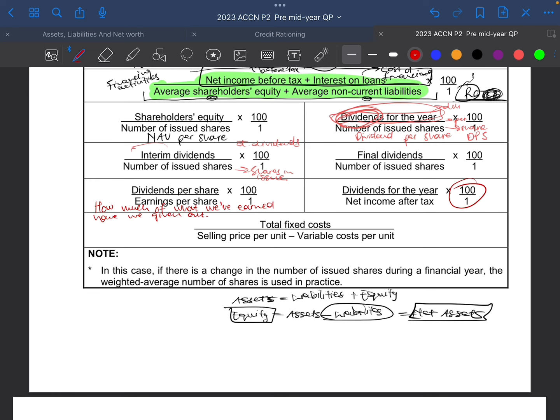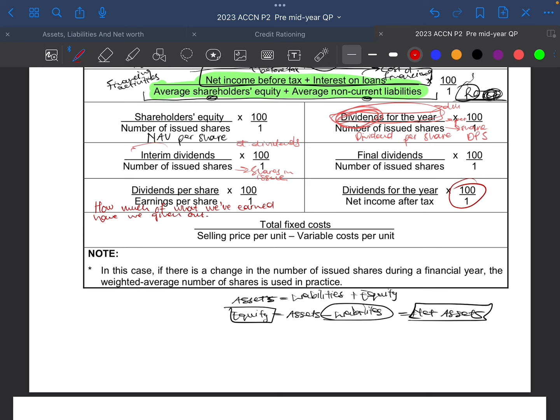Like here, for instance, it says dividends per share: what portion of the earnings per share was dividends? Right? Now, it's dividends for the year over net income after tax. Dividends for the year is what we've given out. How much have we given out over the net income after tax?